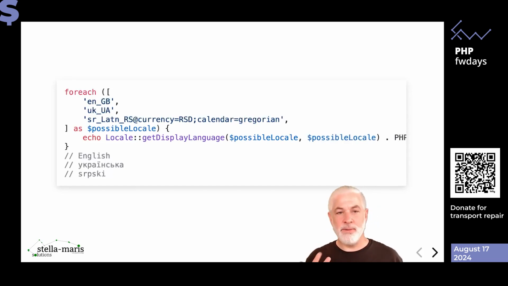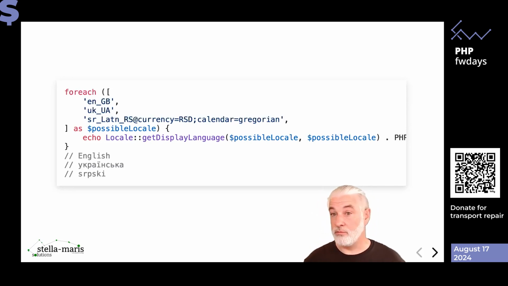So perhaps the best idea is to say, you know what? Give me the name of the language, but in the respective locale. So I'm getting English, possibly something like Ukrainska, and Serbski. And that provides everyone with an easy to find language chooser.